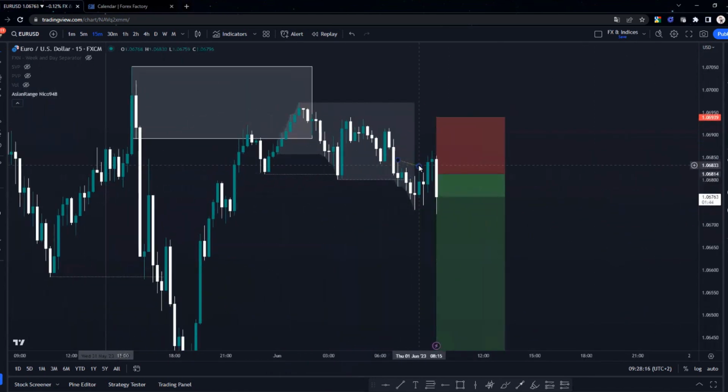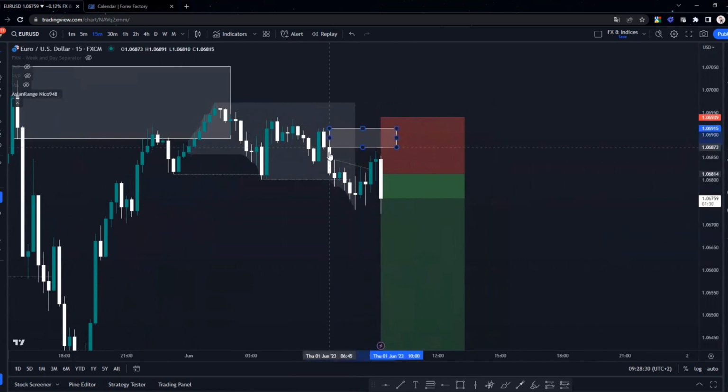And now price broke structure, took out this liquidity, and reacted off this area, this imbalance. Reacted here, and that's where I entered around here.